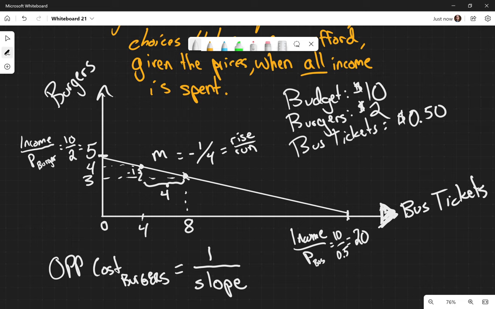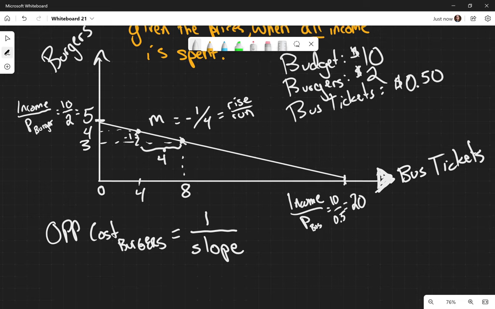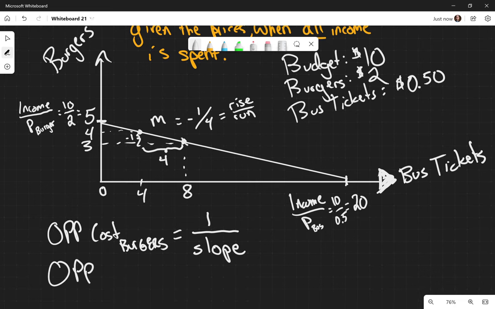So the opportunity cost of our burgers is 1 over the slope, which then means that our opportunity cost for the bus tickets is just equal to the slope. So every bus ticket is going to be giving up 1/4 of a burger.